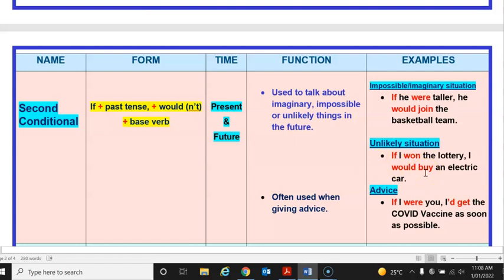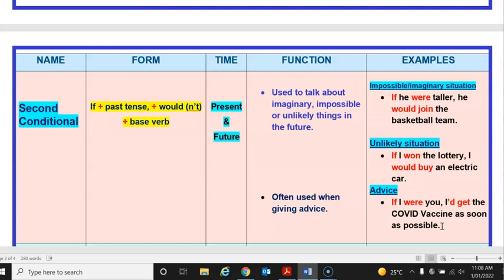The other thing to note about second conditional is that in English we often use this conditional to give advice. So if you look at this final example, if I were you, I'd get the COVID vaccine as soon as possible.